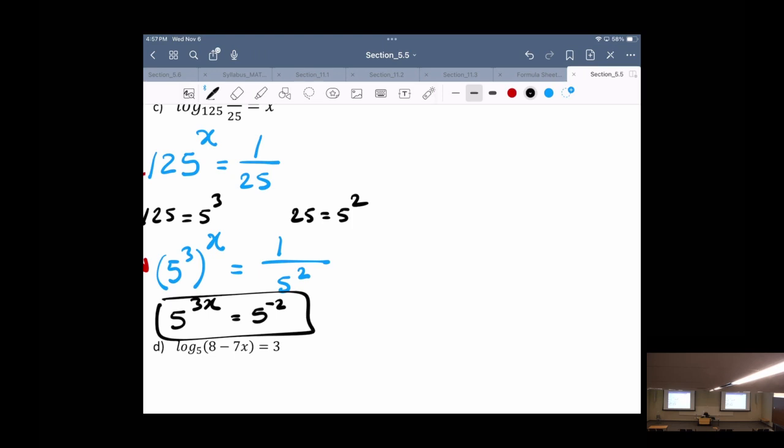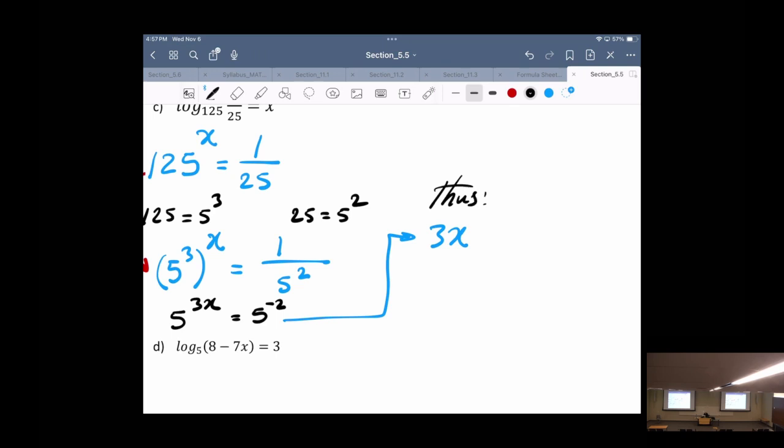So if I'm solving for x in an equation like this, the powers should also be equal to each other. So let's set the powers equal to each other. We have 3x. So we can say therefore or thus 3x should be equal to minus 2, and therefore x should be equal to minus 2/3, like that.